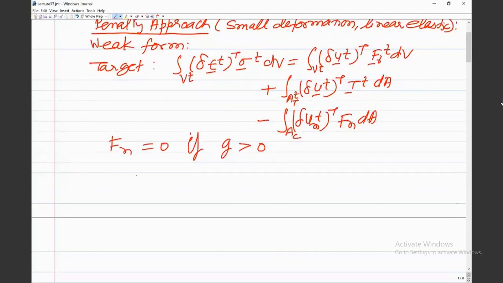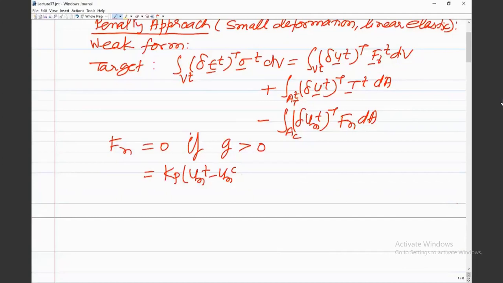And now Fn will be equal to the penalty parameter, say Kp, into unt minus unc. This is actually the interpenetration. As you remember, we have defined unt minus unc as the interpenetration: the displacement of the point on the target body along the normal minus displacement of the point on the contactor body along the common normal.